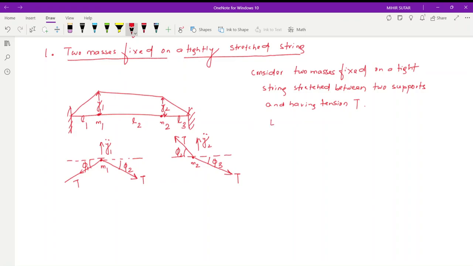Now let the amplitude of vibration is small and tension T is large.